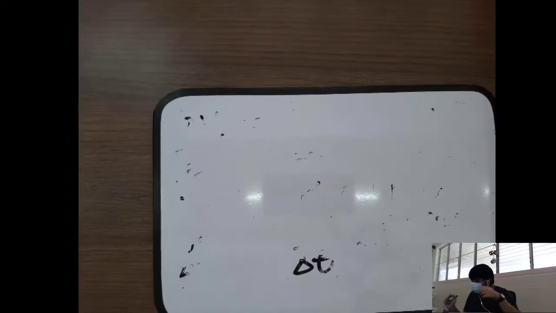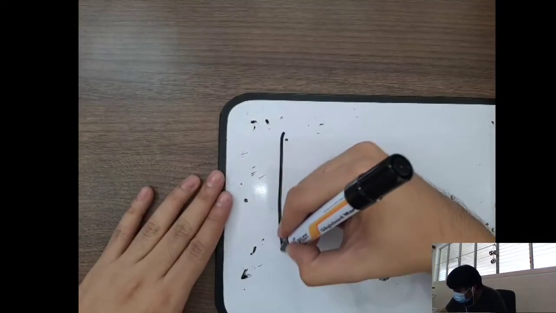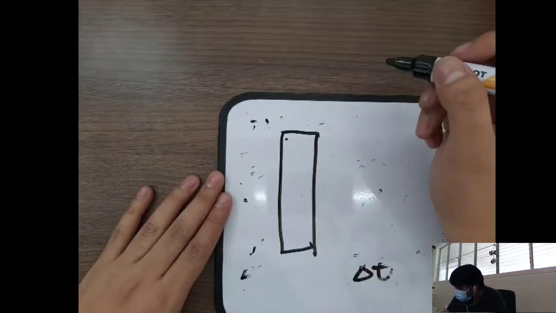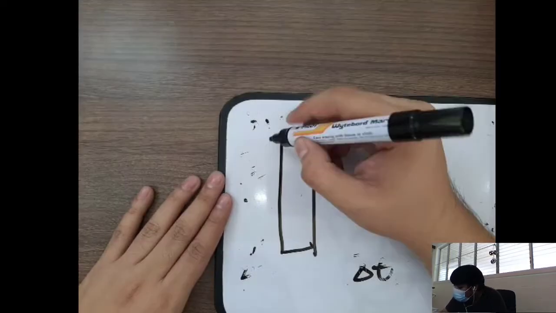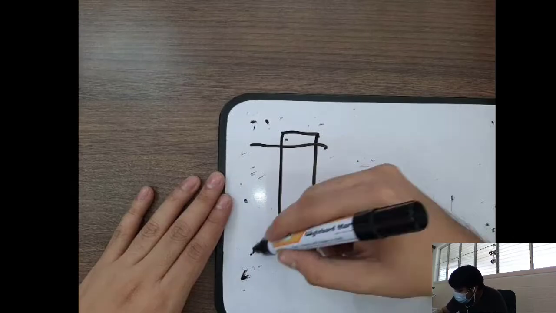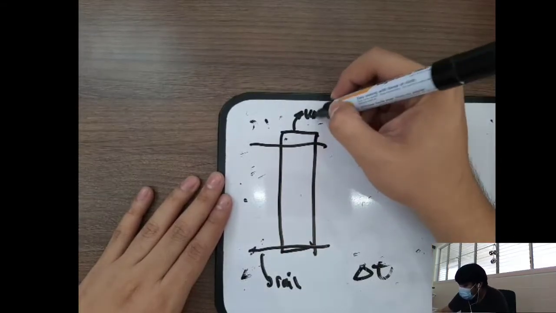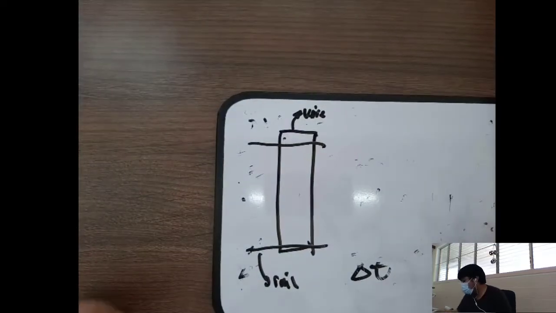Not on the conducting rail, but on the wire, or the straight conductor. So this is our conducting rail, and this is our wire, or our conductor, the conducting material.